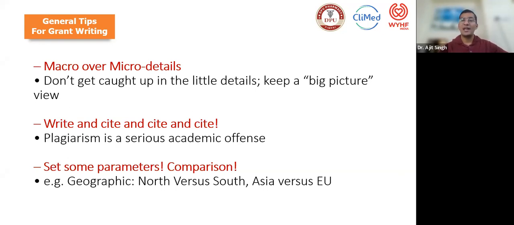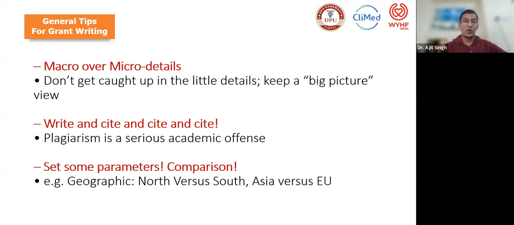Ultimately, in any kind of research we are going to help society, whether in a direct or indirect way. So we should always keep our picture very clear and very big. Write, and cite, and cite, and cite.